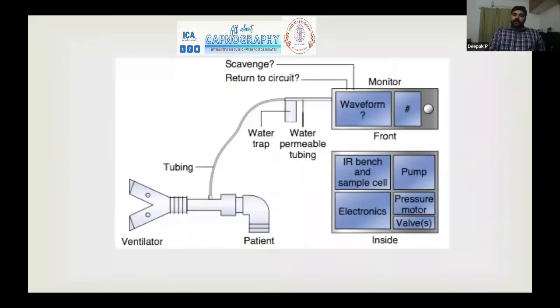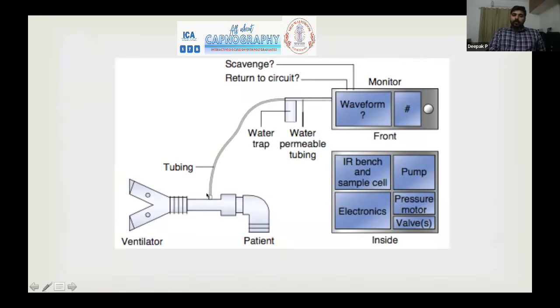So this is an image from Miller. This is what we usually see from the circuit. We take a sampling line, and through this tubing, it passes to the monitor where all these technologies are present to give us a reading. Here we get a capnographic waveform. One problem with side stream monitoring is that inside the circuit, all the expiratory gases contain carbon dioxide, water vapor, and everything in the gaseous phase.